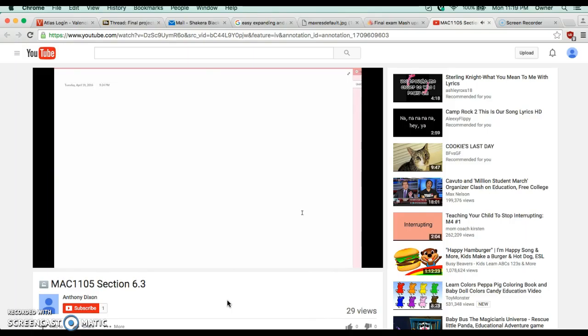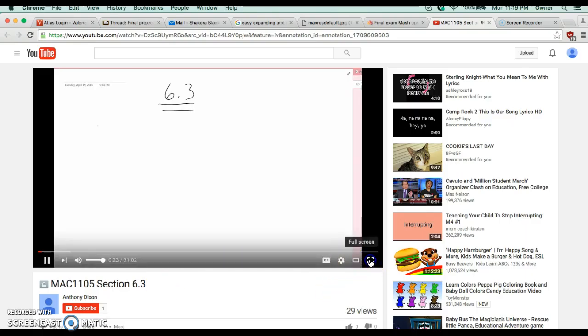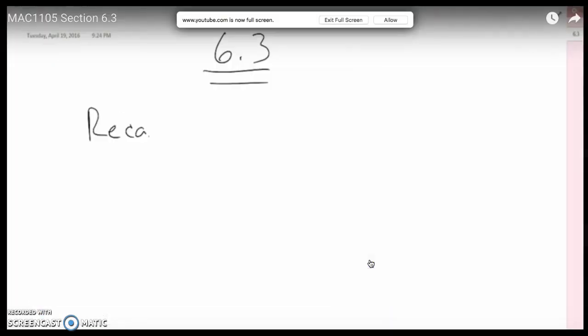Alright folks, I wanted to go over section 6.3. Make sure everybody's good with 6.3. To kick off 6.3, I just wanted everybody to recall that this value e, remember e is an actual number. Recall that e is the natural base.